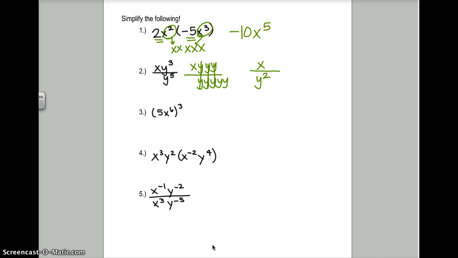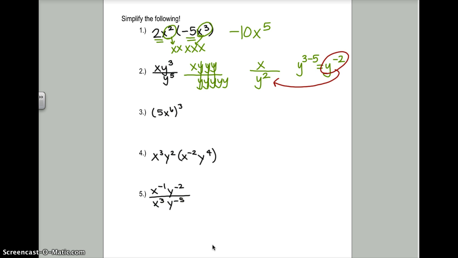If you subtracted 3 minus 5 and got y to the -2, that's great. But we can't have a negative exponent. We said that was bad. So we have to take that y to the -2 and move it to the denominator where it becomes positive. Anytime we move across the fraction bar, we change signs.